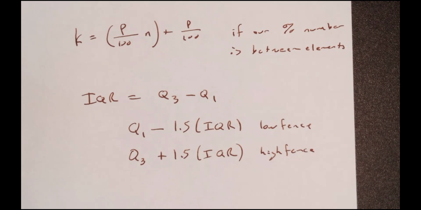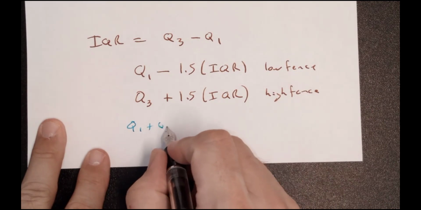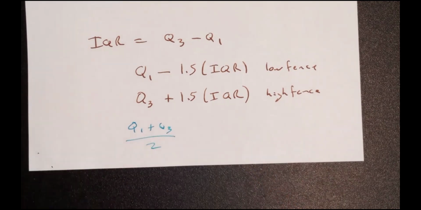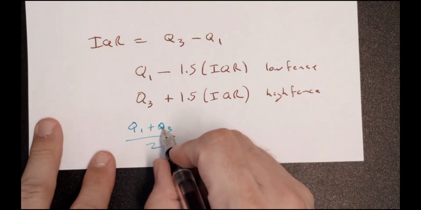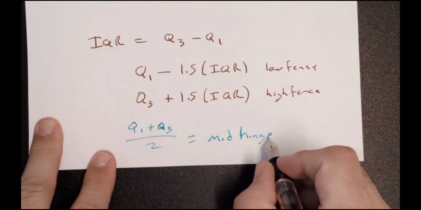There's one other number we use frequently, and that's the average of the quartiles. Q1 plus Q3 over 2. Just add them together, divide by 2. This is called the mid-hinge.